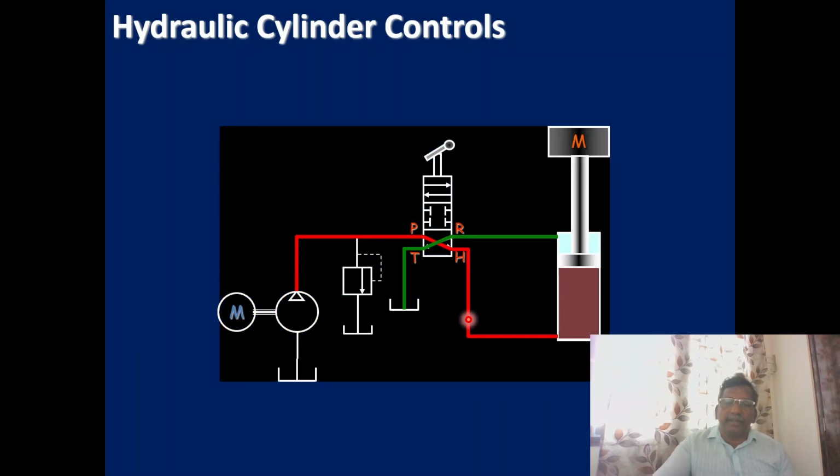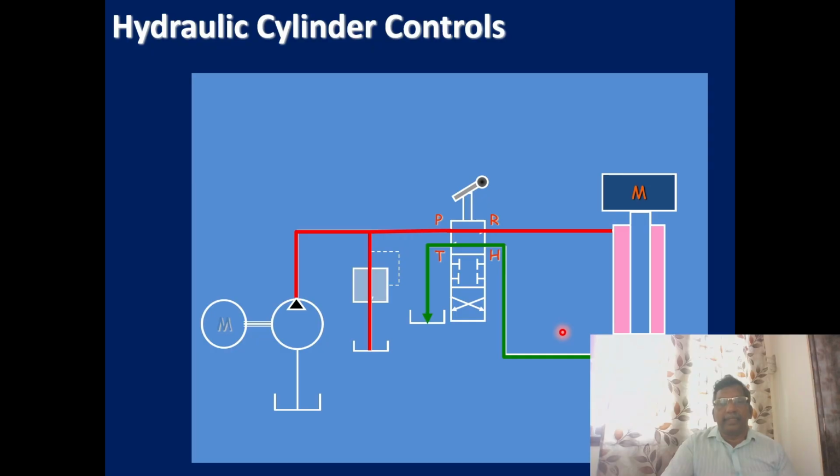So now we are applying force in the blank end, because of that it moves the piston up. Okay. So what will happen? The oil inside the cylinder drains towards this direction and towards the tank. Okay. So you can control. If we want to return back, we divert the fluid to the next position. So to the rod end, so it drops. Okay.